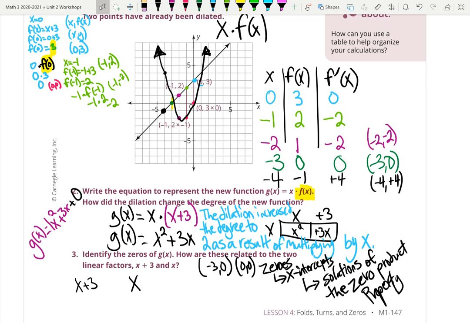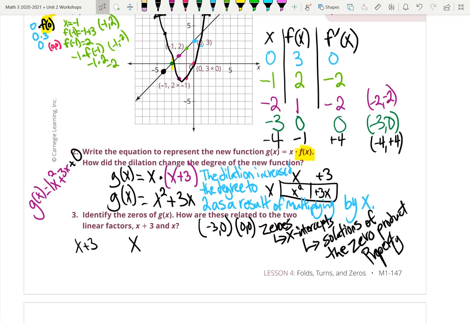Take this, folks. We are solving g of x equals x squared plus 3x. This is what we're dealing with. 0 equals x times x plus 3. This form enables me to easily see, hey, what number makes this 0? Well, 0.